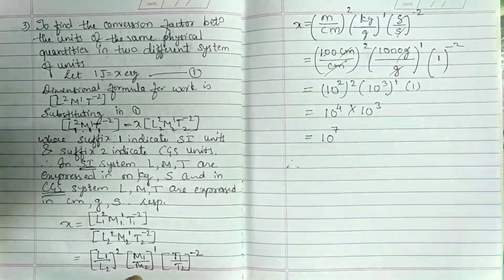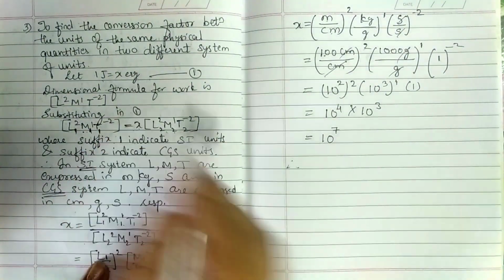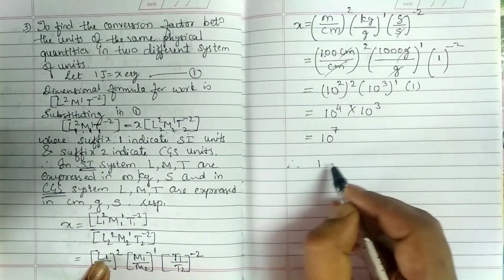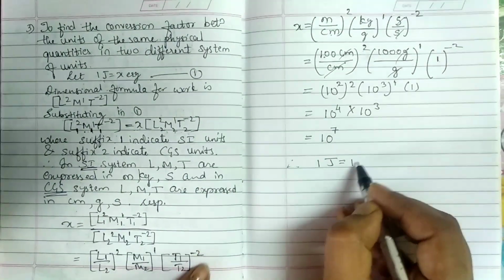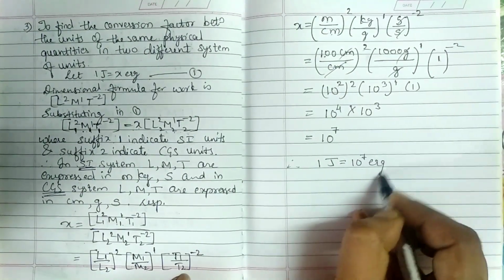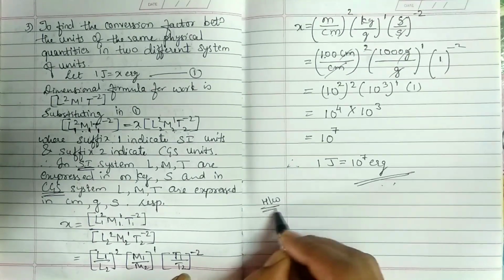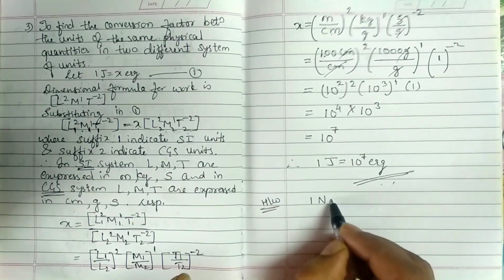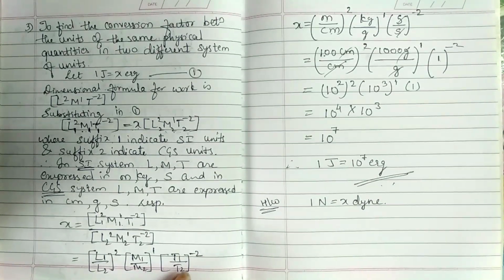Therefore, what is the x value you got? 10 raised to 7 over here. So if you put in equation 1, what will you get? 1 joule equals the x value we got, 10 raised to 7 erg. So you can try at home, 1 Newton equals x dyne, as an example.